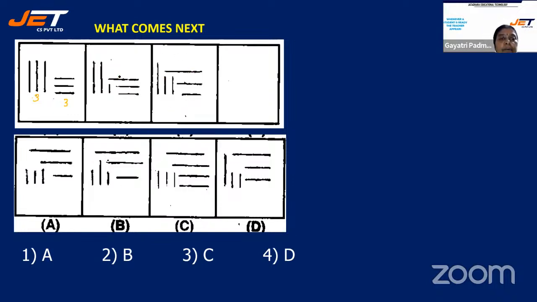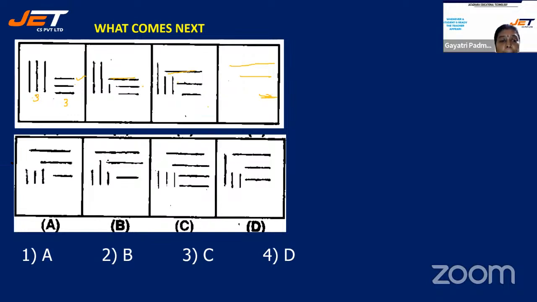See here, your vertical lines, the first one is extended. In the third figure, it is still more extended. So in the fourth figure, it should still be more extended only. And in the second one, again, it is extended more. Third one, it remains the same.